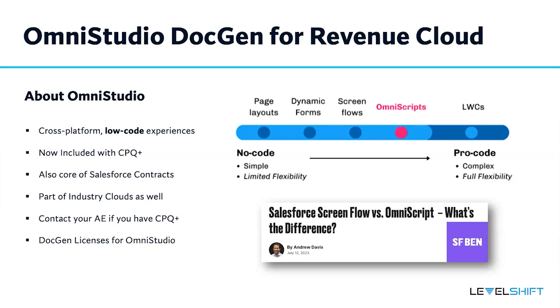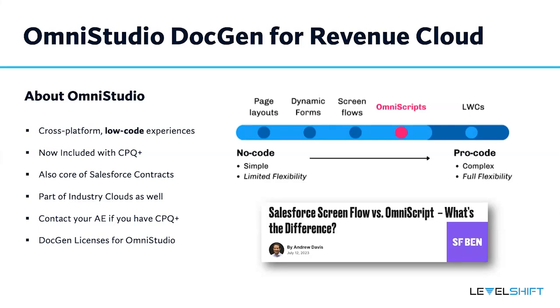We're not covering that today, but OmniStudio is baked into it, and we hope to cover that in a future webinar. It does come from the Velocity acquisition and the new Salesforce Industry Cloud products, so it's baked into a number of those. If you do have CPQ Plus and don't have OmniStudio installed, contact your AE, and they should be able to help you get that installed.